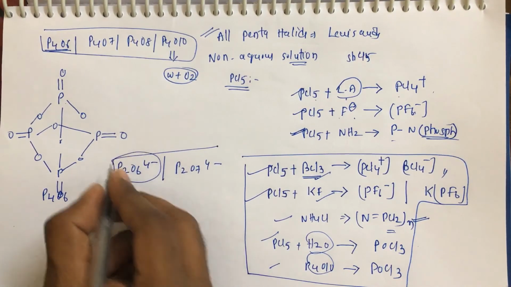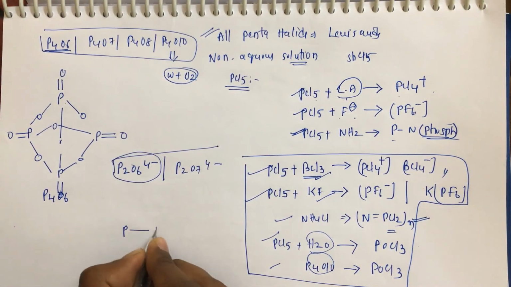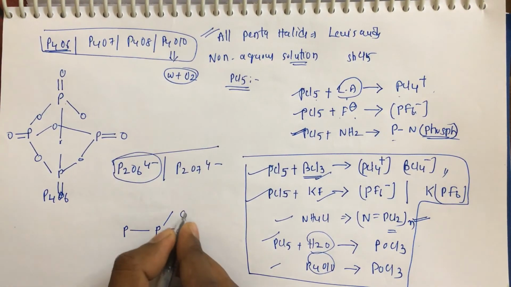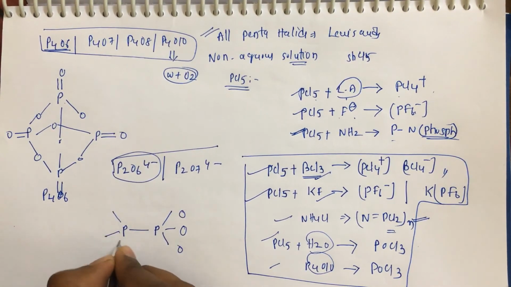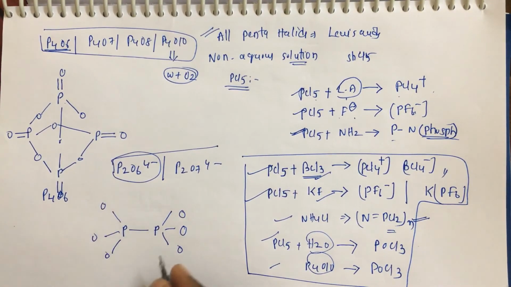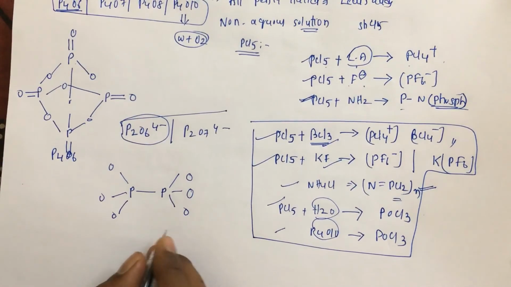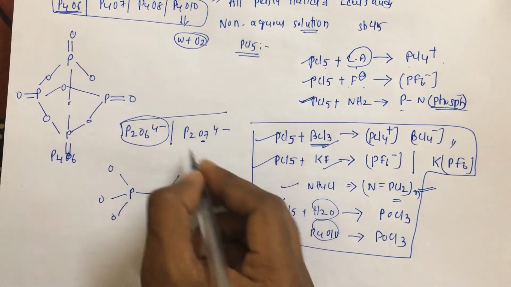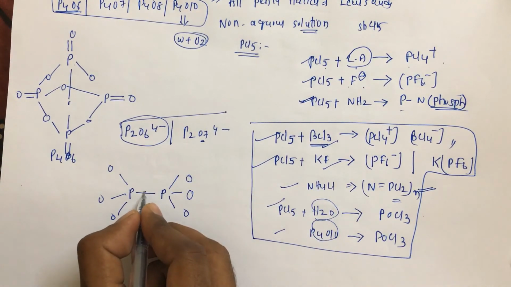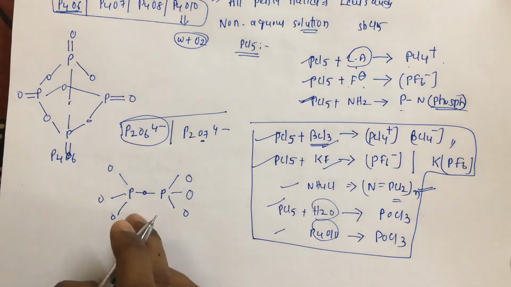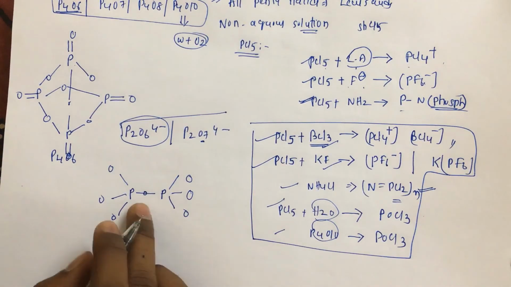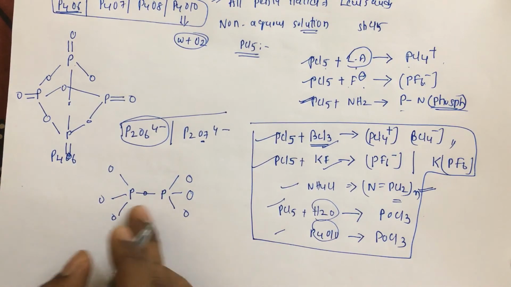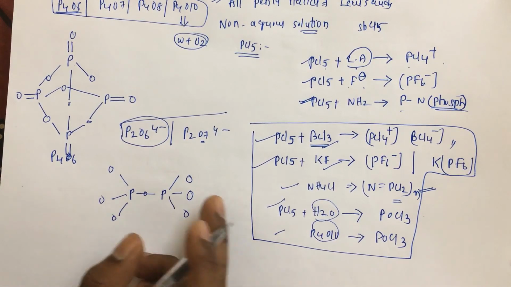If you see this structure, it will be like this: P, P, oxygen, oxygen, oxygen. So this is the structure of P2O6 and P2O7. Always remember, when you have an odd number, in that case, definitely you will get a peroxy kind of, like we can say POP bond, like this, P4O7.